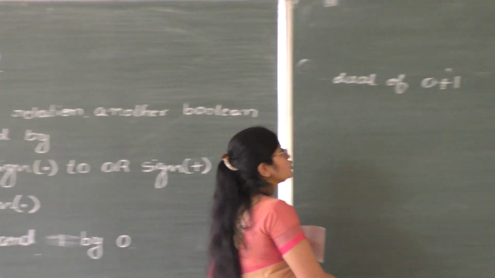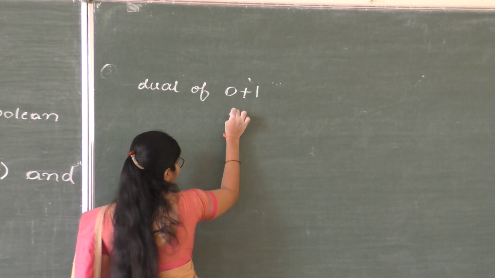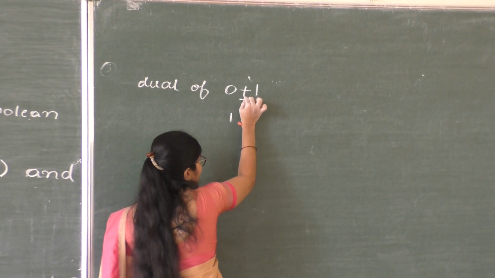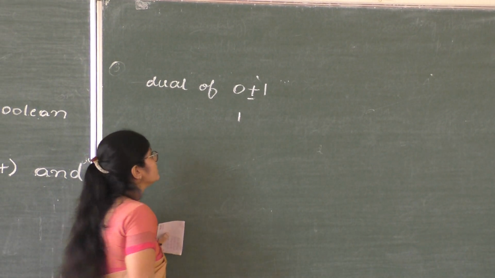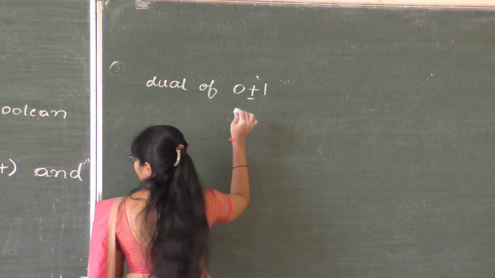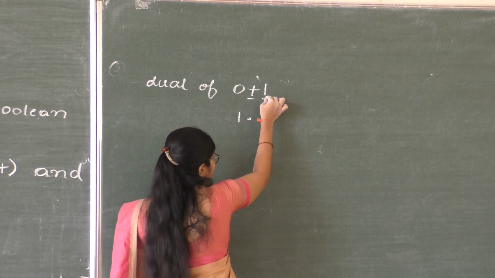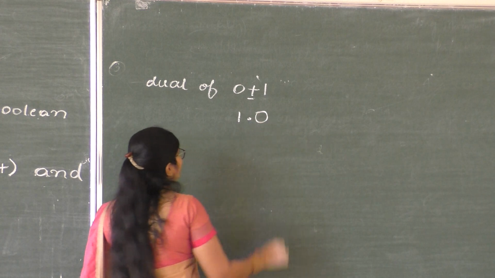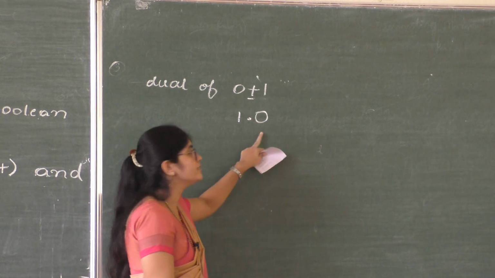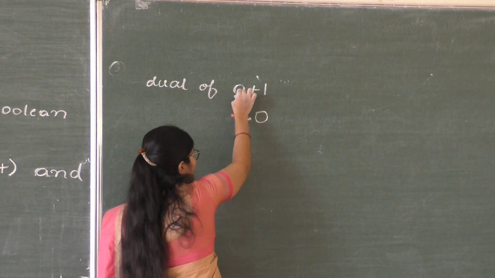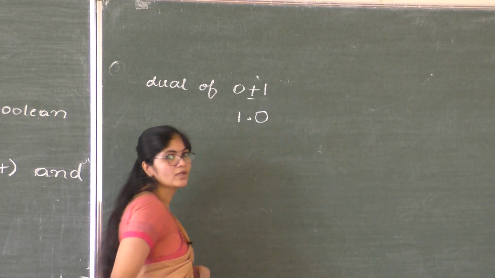Now, change 0 by 1. Here you can see OR operator, so change OR operator to AND operator. Next it is 1, change 1 to 0. Now 1 and 0 is the dual of 0 or 1.